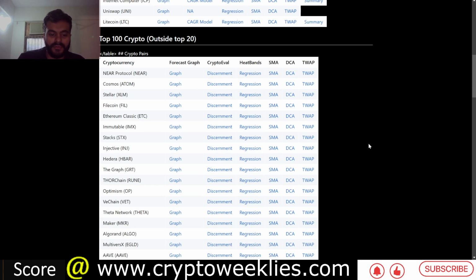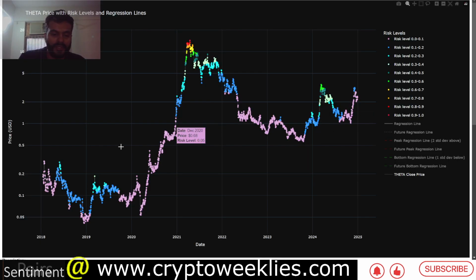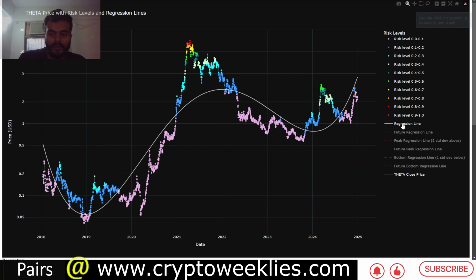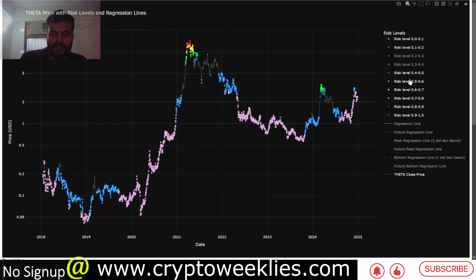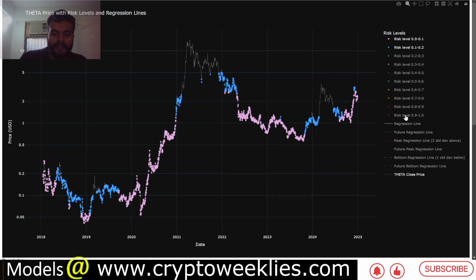In terms of the other models related to Theta, the DCA model, which is a daily risk reward analysis based on the regression model that we just saw, shows the risk right now at around 5%. This model also identifies the same phenomena: if the purpose is to only DCA when the risk levels are, let's say, lower than 20%, this model helps identify those phases of the market cycle, essentially avoiding DCA during the grayed out regions.